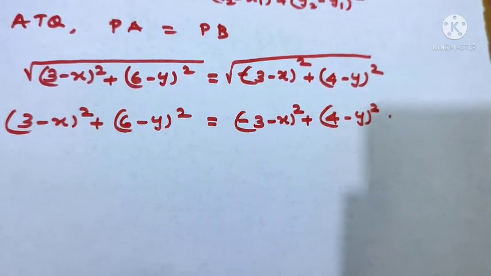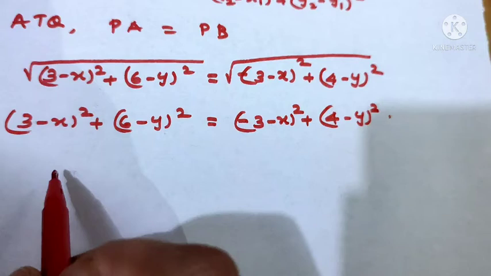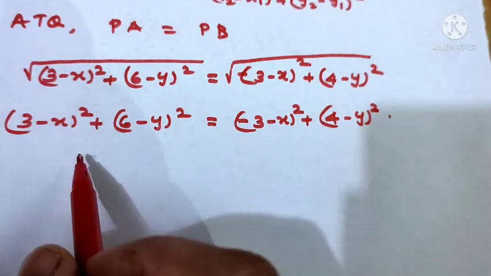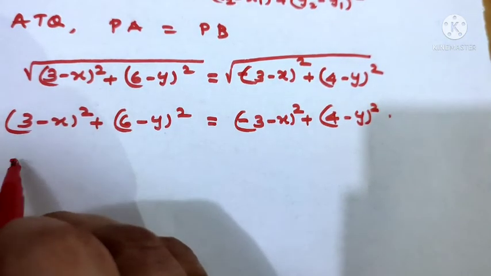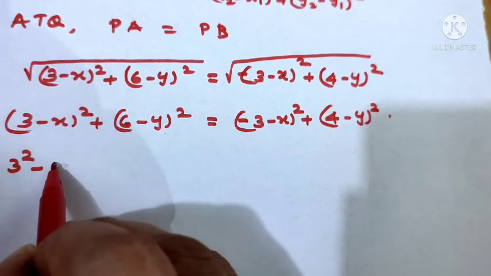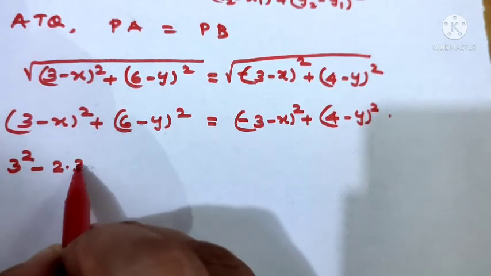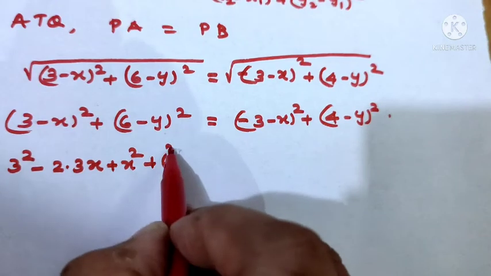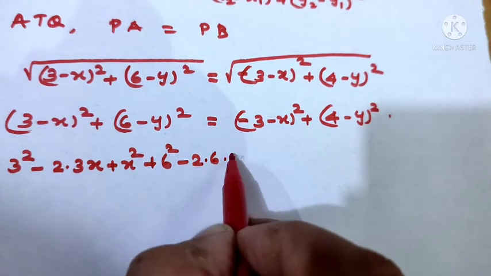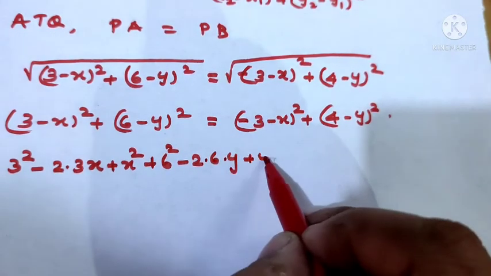So we have done squaring on both the sides. Now expand, it is (a minus b) whole square only. So 3 square minus 2 into 3 into x plus x square plus 6 square minus 2 into 6 into y plus y square.